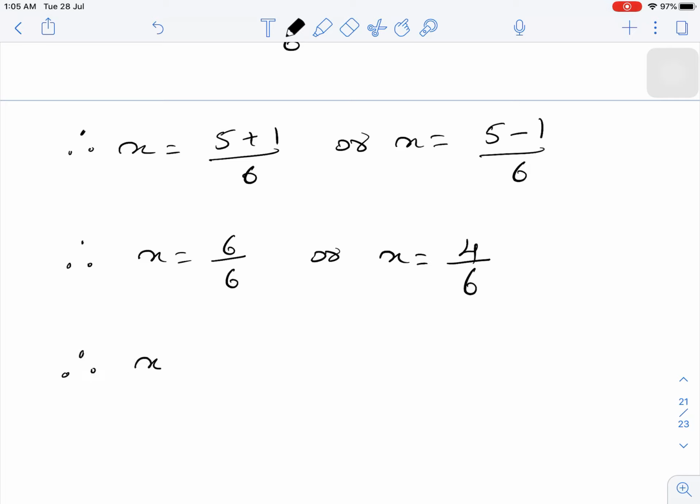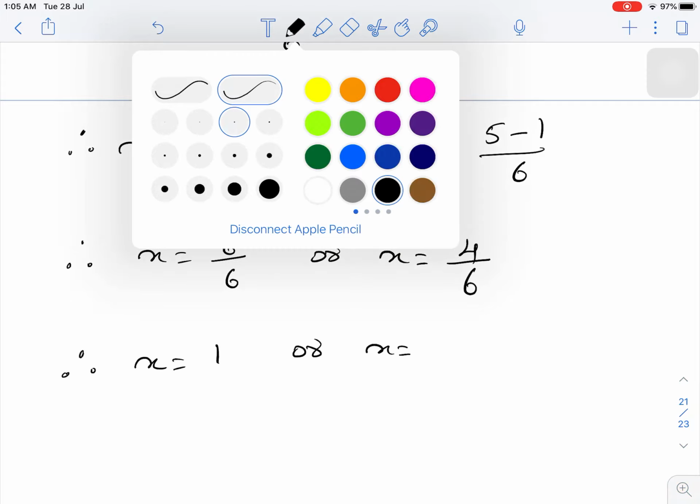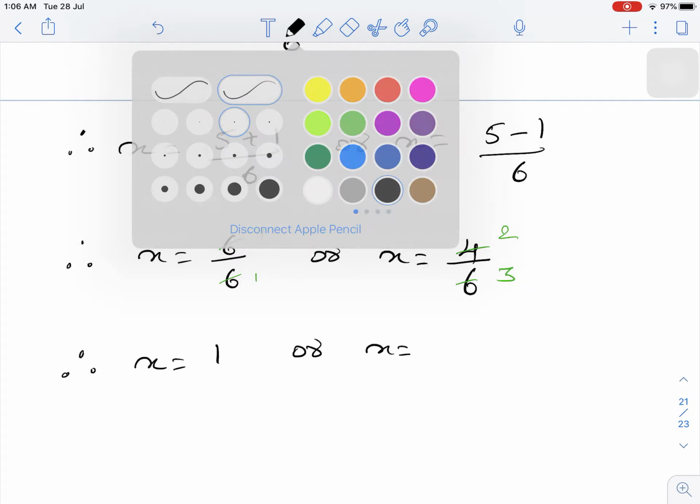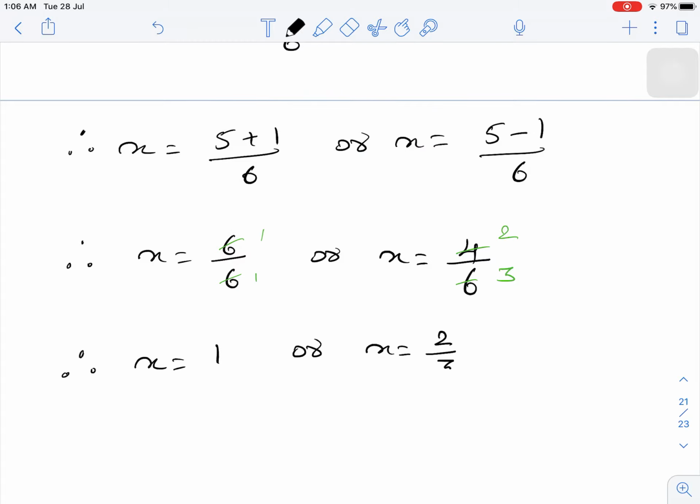Therefore x equals 1, or x equals 2 upon 3 after division. If you look at these values, they are both distinct values. So the value of x is either 1 or 2 upon 3.